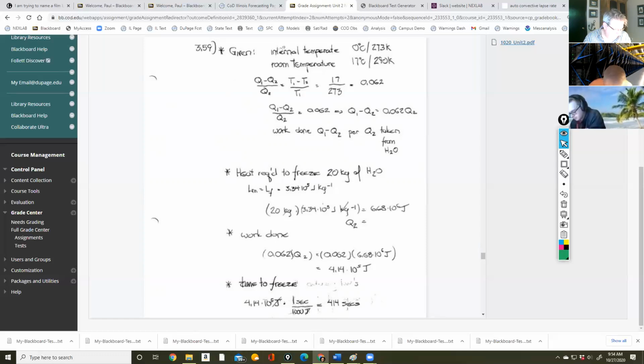So a refrigerator is an internal temperature of 0 and is situated in a room with the steady temperature of 17. The refrigerator is driven by a 1 kilowatt motor, and it calculates the time required to freeze 20 kilograms of water already cooled to 0. So the only thing that you need to think about is I've got to take out X amount of heat.